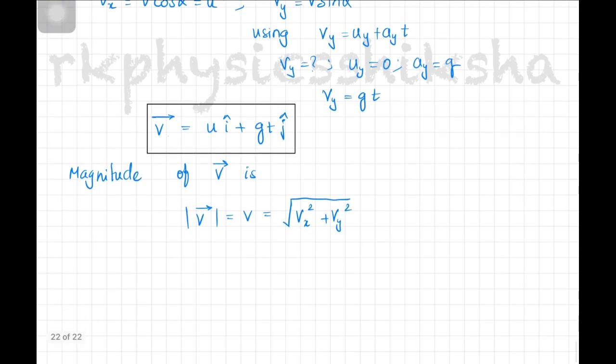So what will be the velocity magnitude? It is equal to root over u square plus g square t square. At any instant of time, the magnitude of the velocity will be equal to root over u square plus g square t square.